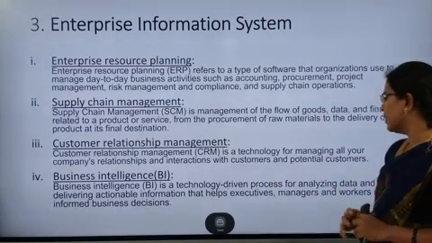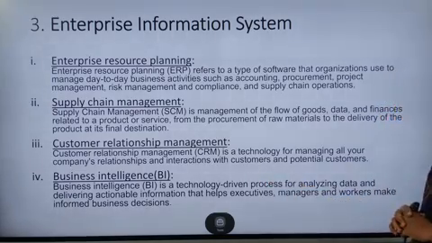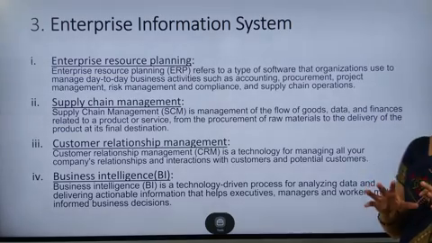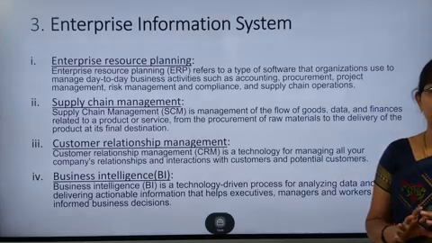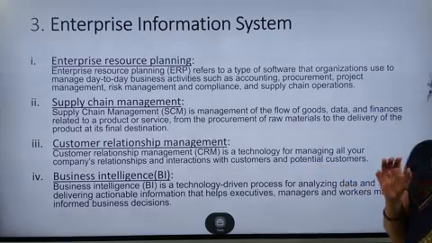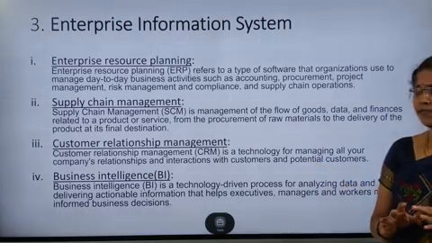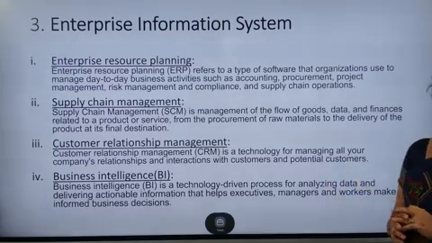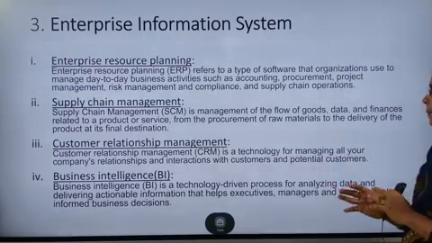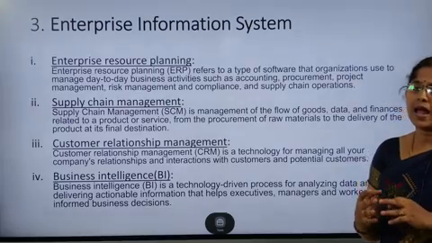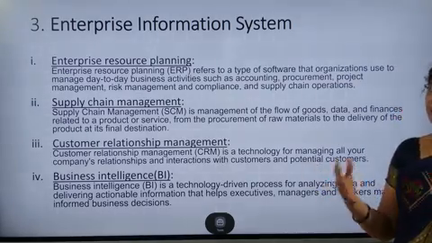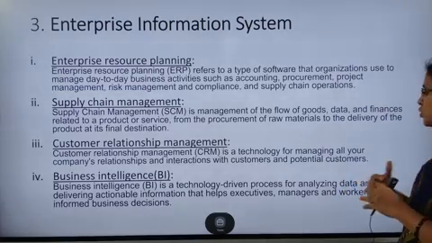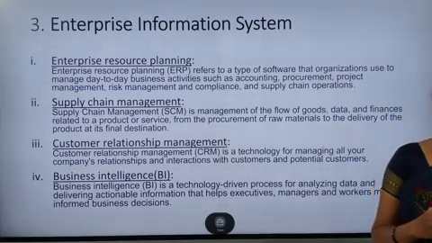And next one is business intelligence. Business intelligence is purely concerned with executives and managers, because it is a technology-driven process used for analyzing data and delivering actionable information that helps executives, managers and workers make informed business decisions.